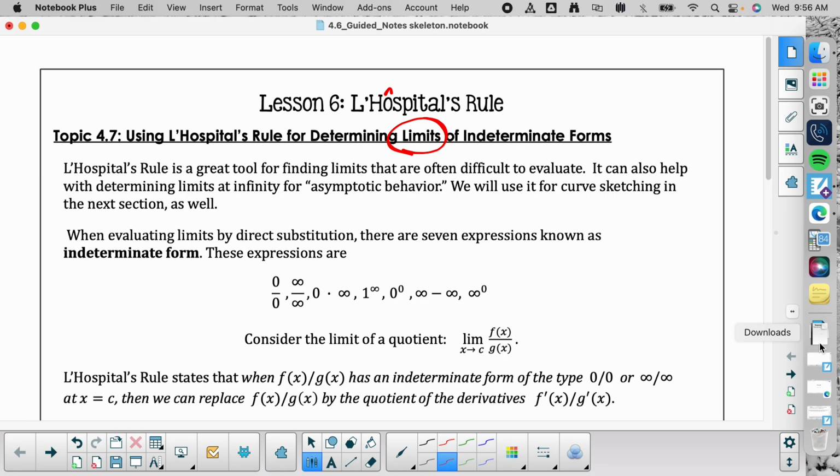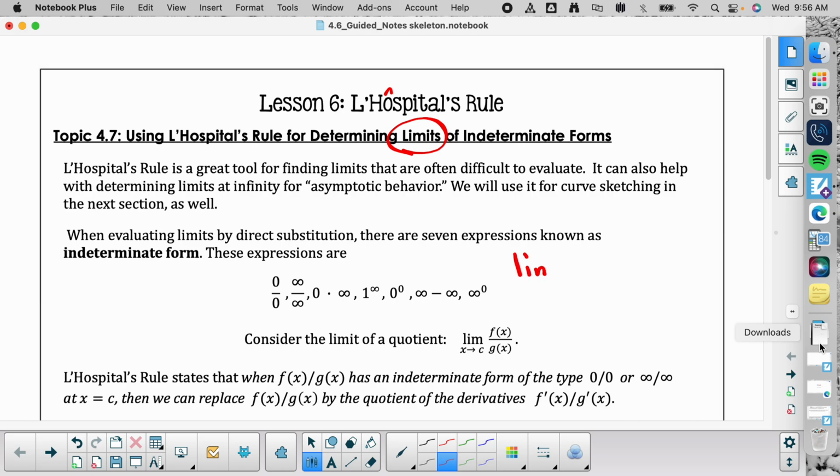So this isn't a bad thing. We would have been able to do shortcuts so many times in the limits unit if I could have just told you to use L'Hôpital. And so on the AP test, this is a huge win.